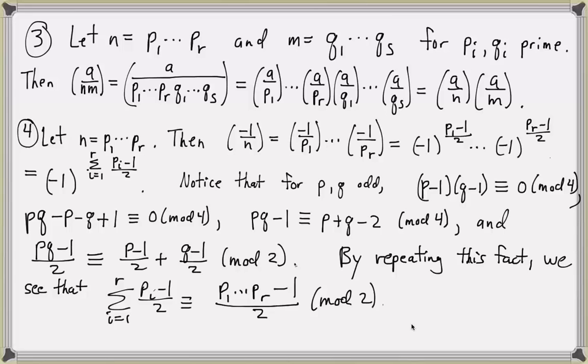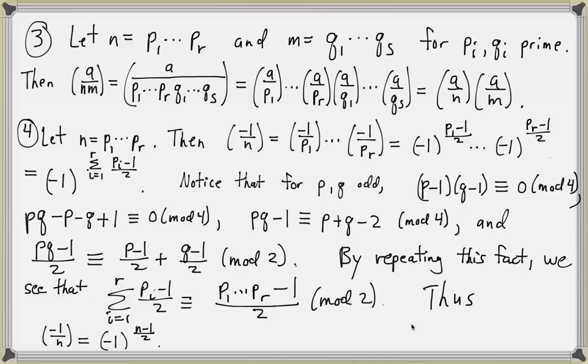Therefore, -1 to the sum on the left will be equal to -1 to this one fraction of the product of p's minus 1 over 2. Thus, the Jacobi symbol -1 over n will be equal to -1 to the (n minus 1) over 2, because remember, n is just the product of these p's. So that finishes the proof of part 4.